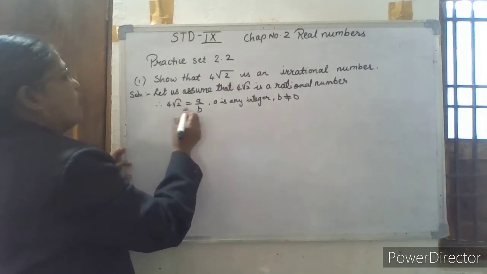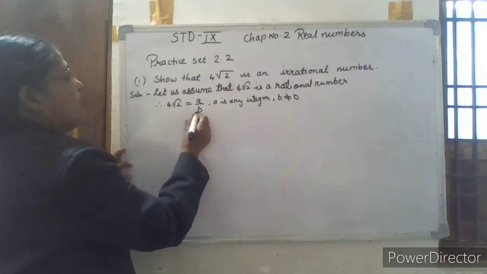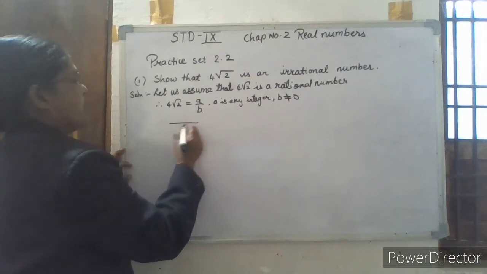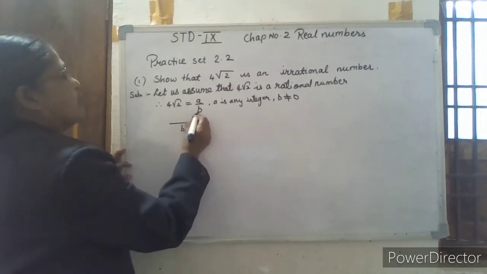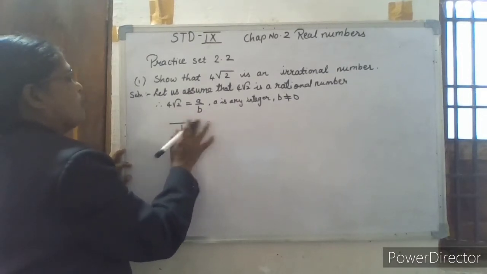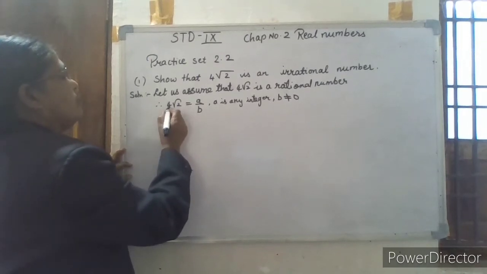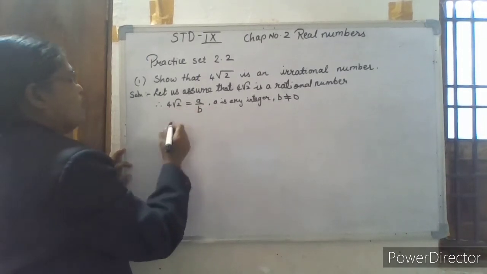Now, let us solve this. So, b is the LCM here. Do cross multiplication. First of all, we'll transfer this 4 here.